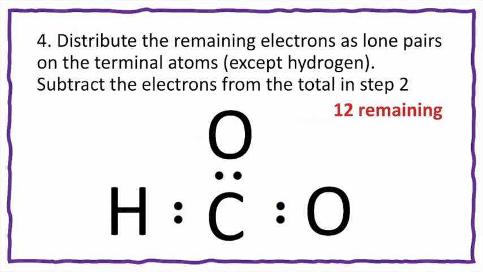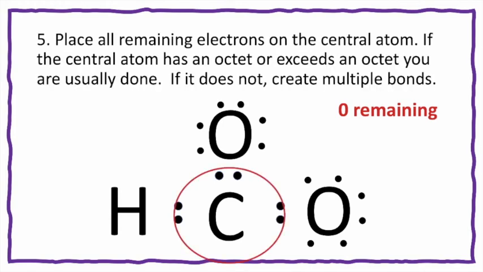Next, we will distribute the remaining electrons as lone pairs on the terminal atoms, except for hydrogen, and we'll subtract these from the total in step 2. So we will put all of these electrons around the oxygens, and we have 0 remaining. Now, if we take a look at this, we notice that carbon only has 6 electrons around it.